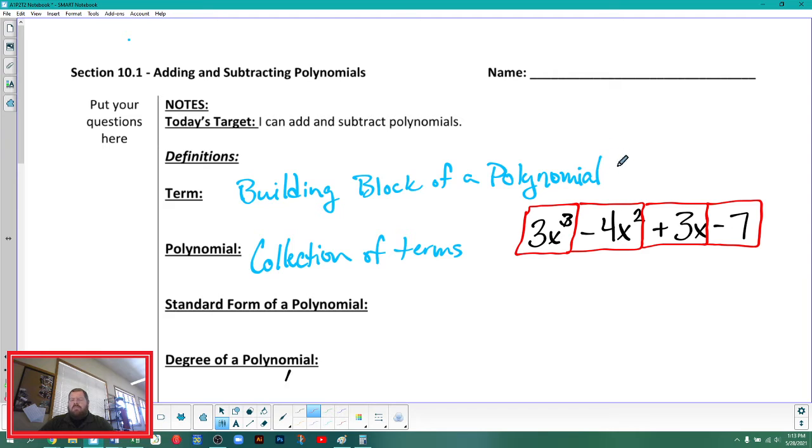So a term is a sign, a number multiplied by a variable, which is called a coefficient, a variable, and an exponent.